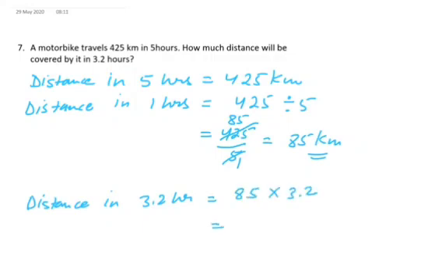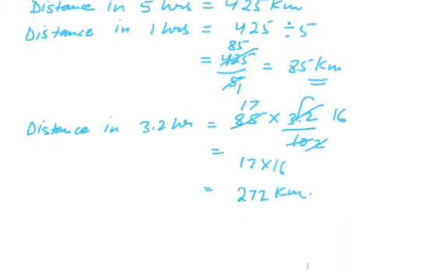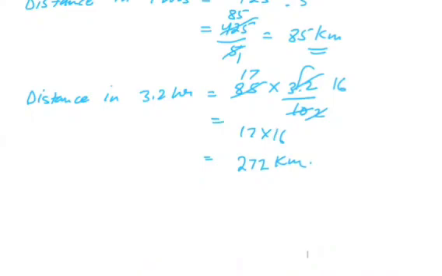So your answer is going to be, remove decimal, 5 ones are 5, 5 twos are 10, 2 ones are 2, 2 sixes are 12, 17 into 16. So the answer is, beta, what is the answer? 272 kilometers. So in 3.2 hours, we will be covering 272 kilometers.